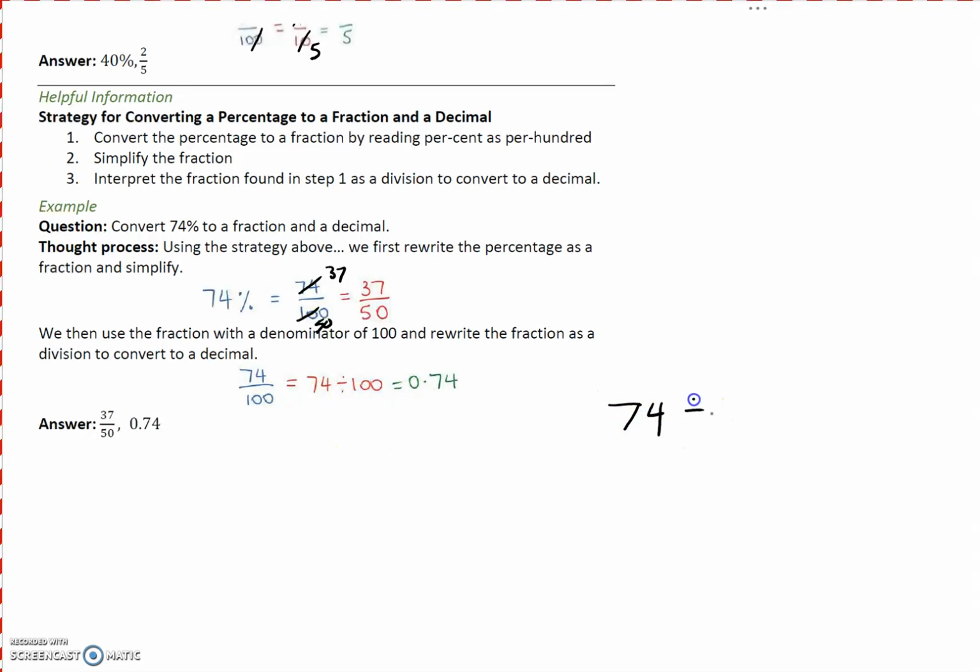Alternatively, 74 divided by 100, you put a decimal point where it's supposed to be, because 74.0 is the same as 74. And then dividing by 100 means moving that 2 places to the left. So the answer is 0.74.